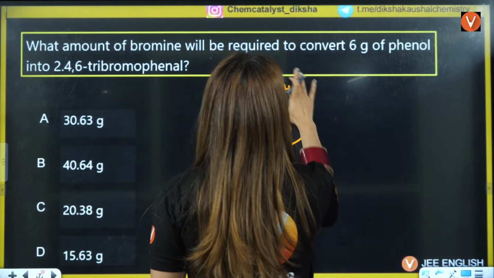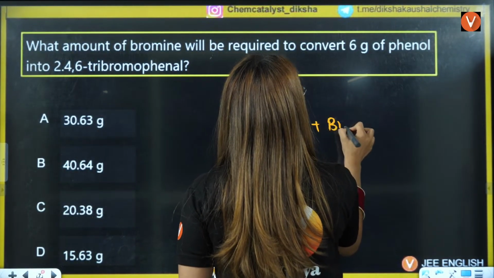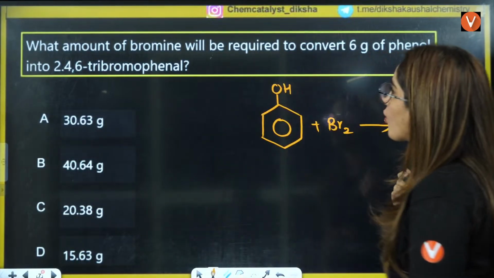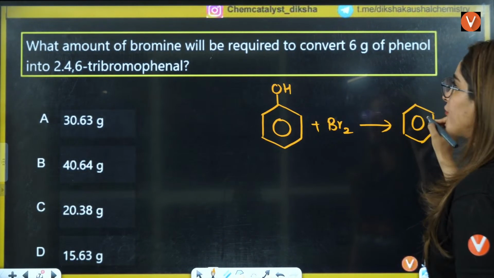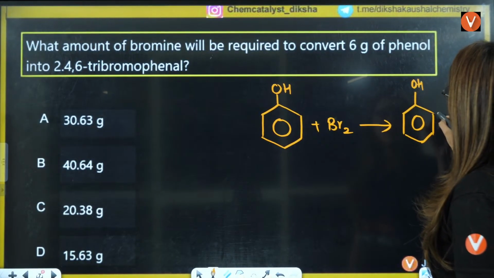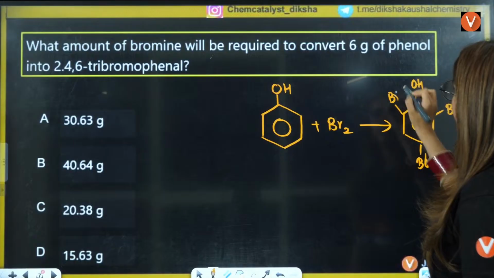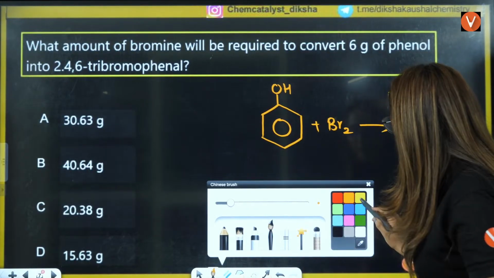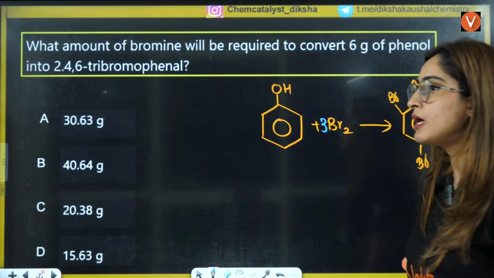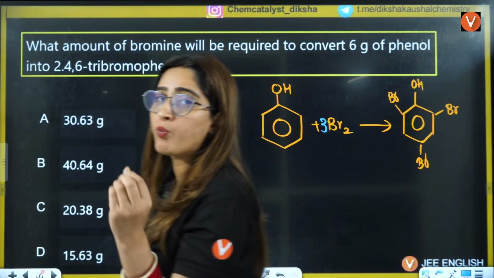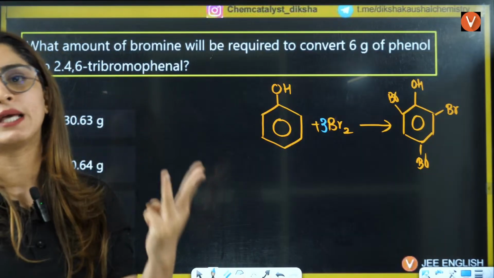When you add Br2 here, you need to have tribromophenol. So for that, you will have 2,4,6 substitution, so it is 1 and 2 and this is the third Br. For this, we need to have 3 of Br2, because one Br2 will give you one electrophile, that is Br positive, so 3 Br2 will give you 3 Br positive.